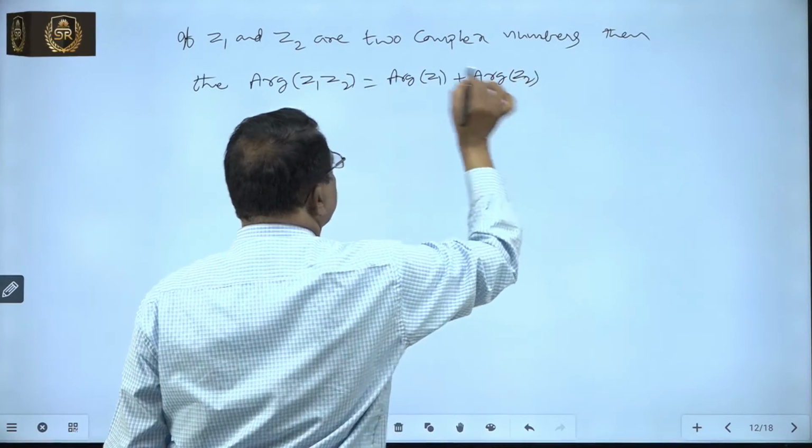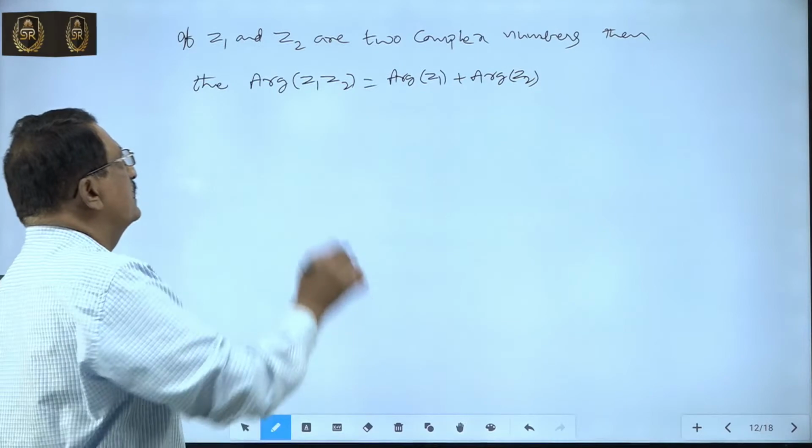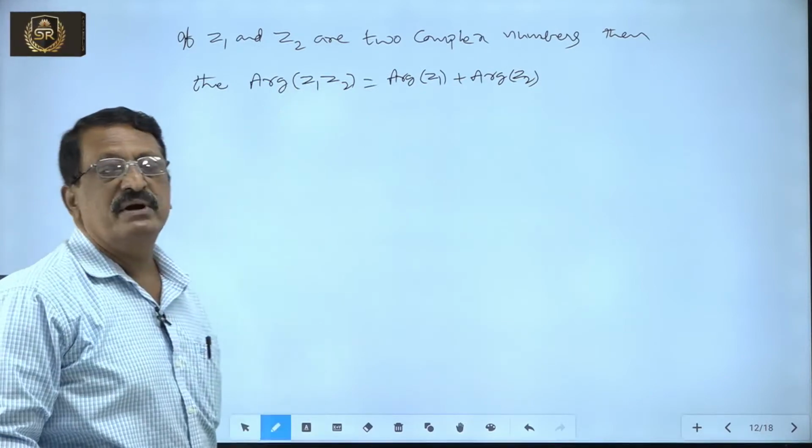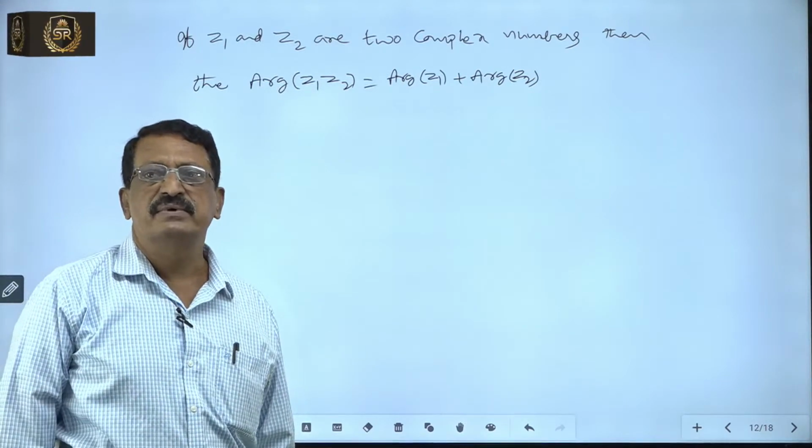Argument of z1 into z2 equals argument of z1 plus argument of z2.